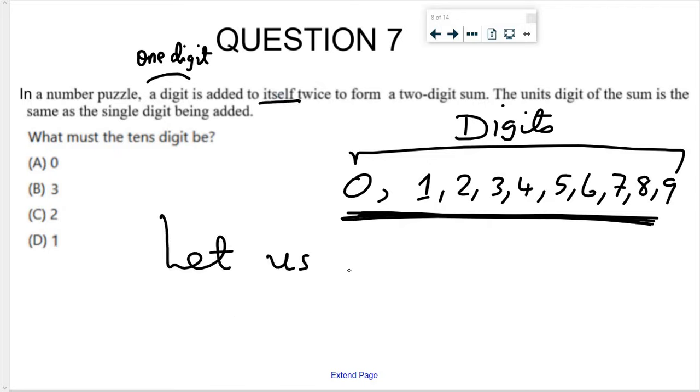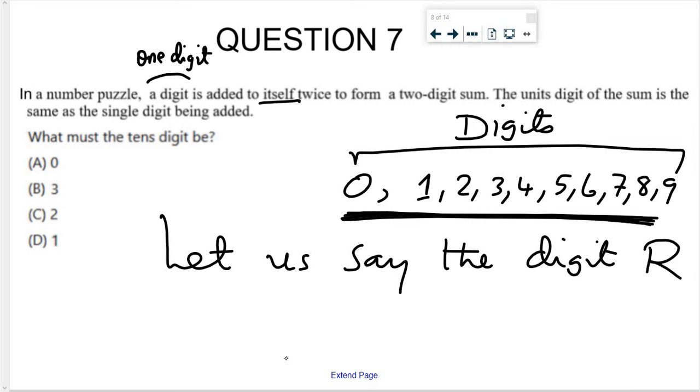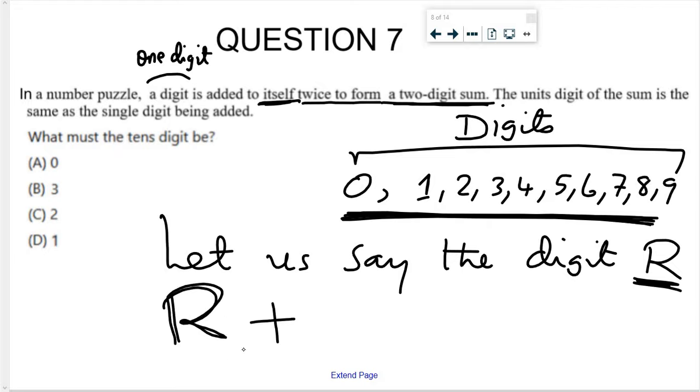Let us say the digit, because we don't know, and there are 10 of them, let us say the digit is, say, R. Okay? So this digit R is added to itself twice to form a 2-digit sum. So this digit here, which is R, is added to itself twice.